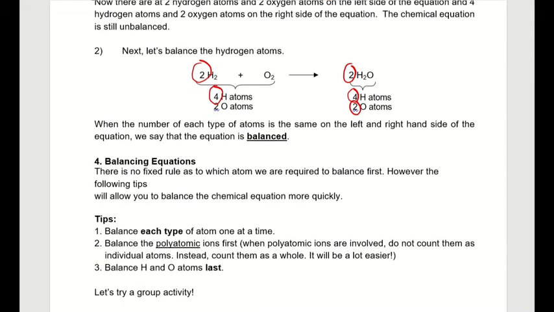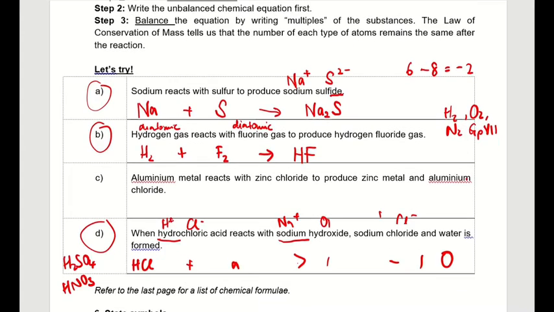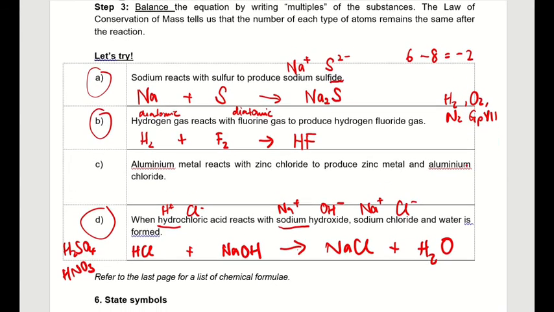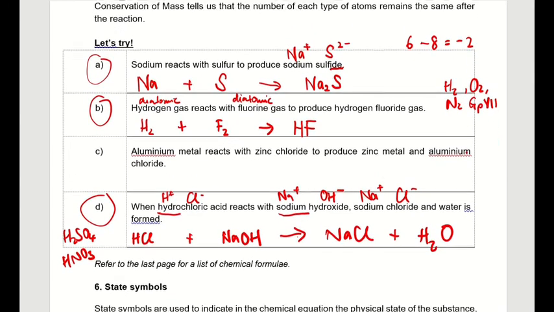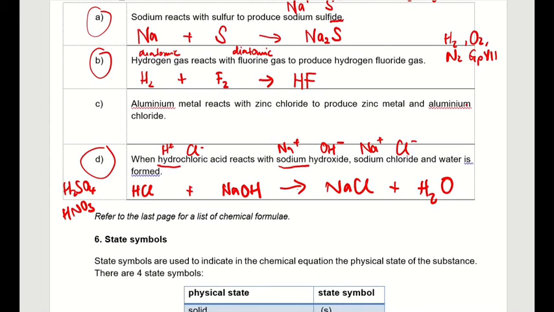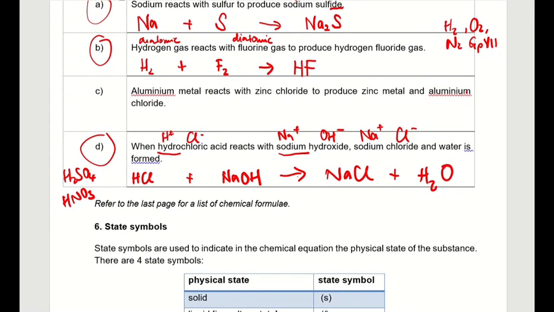You really need to practice for this also. Now we call the chemical equation balanced. Try this activity first. Then on Wednesday, which is tomorrow, during the live lesson, we'll do the group activity. It's already inside your notes.